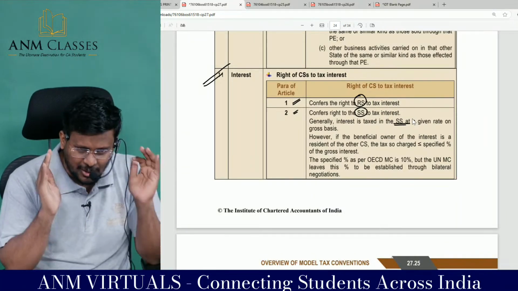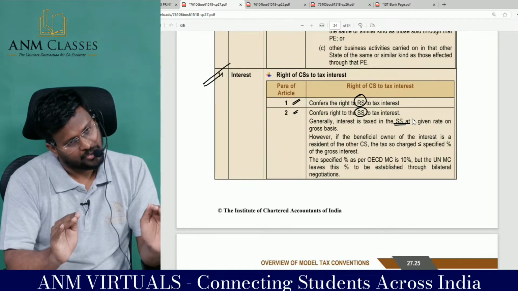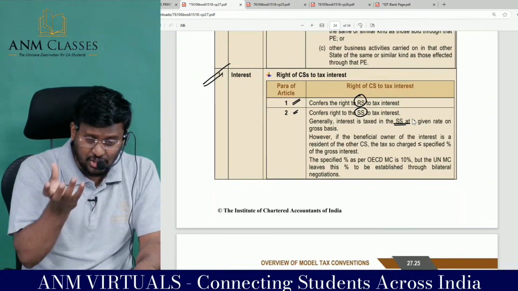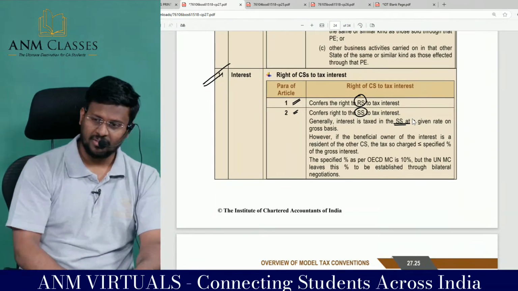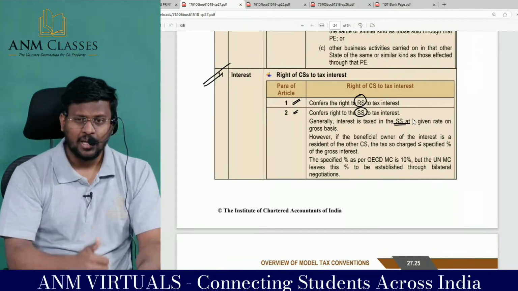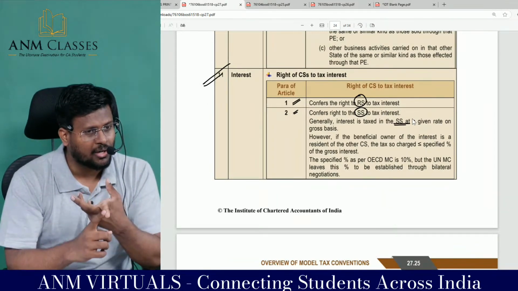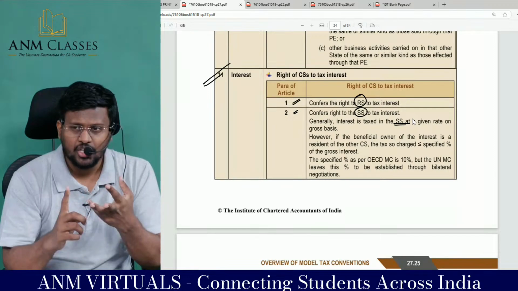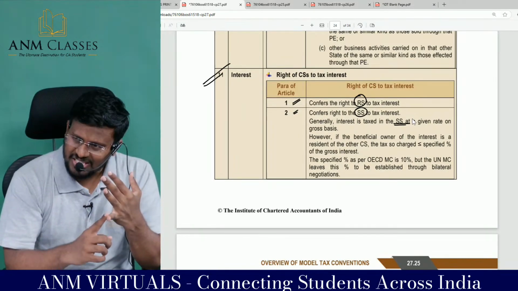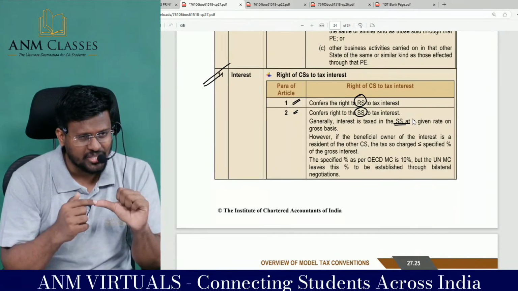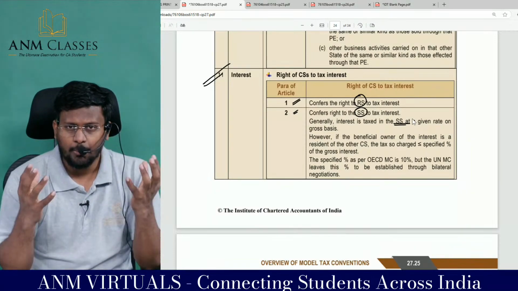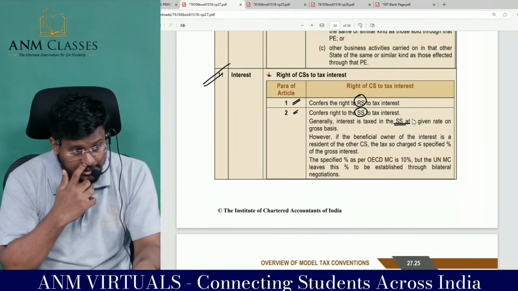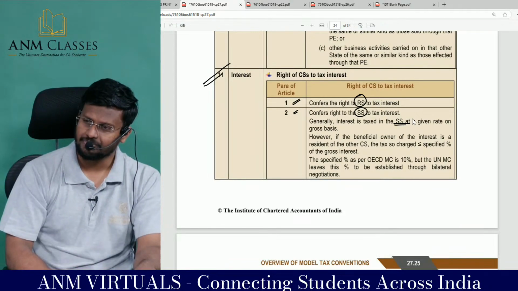Generally, interest will be taxable only in the source state, that too on a gross basis. That's why PGBP deduction will not be available, IFRS deduction will not be available, Chapter 6A will not be available, Chapter 6 will be available, Proviso 1 to Section 48 will not be available, Proviso 2 too. These are the 6 rules of non-resident taxation.